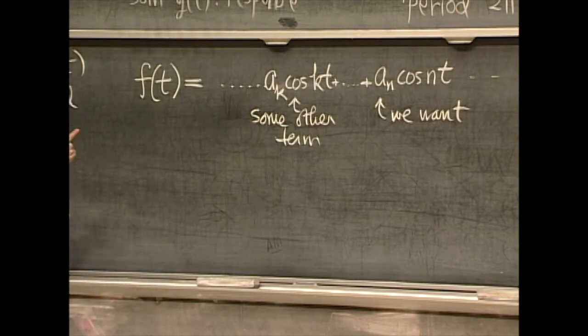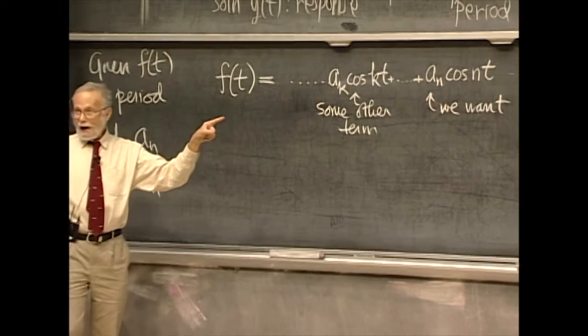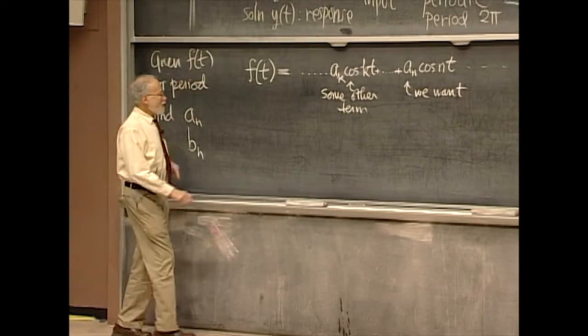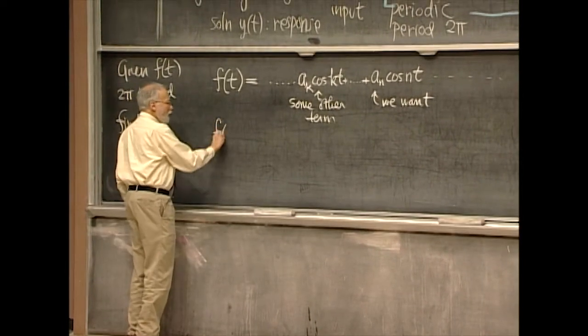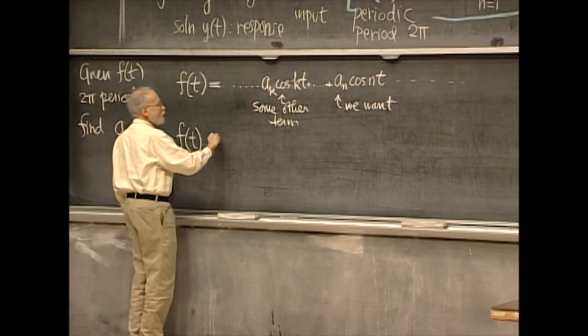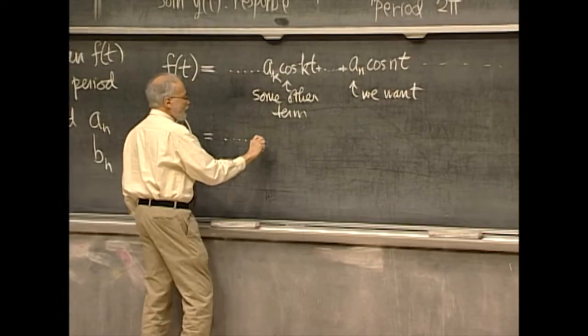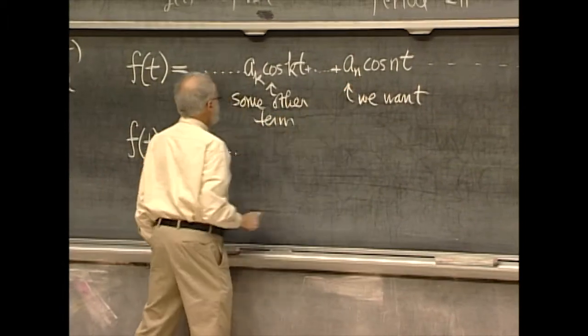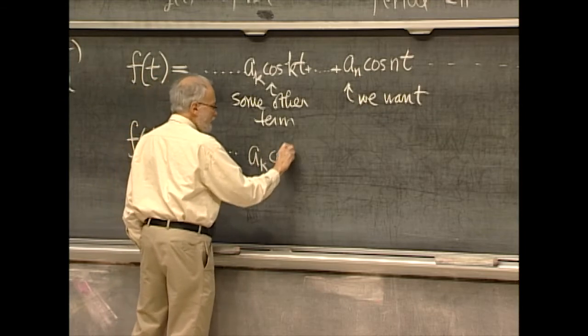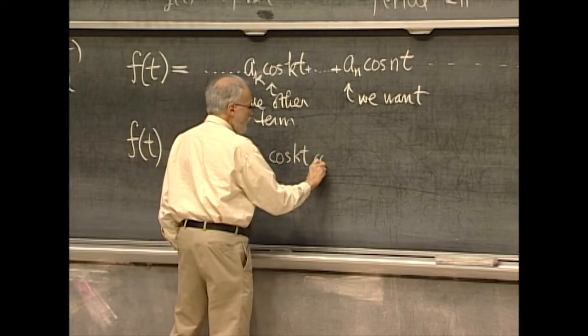All right, now what you do, to get the an, is you multiply everything through by, you focus on the one you want, and it's dot, dot, dot, and you multiply by cosine nt. So it's ak cosine kt times cosine nt.